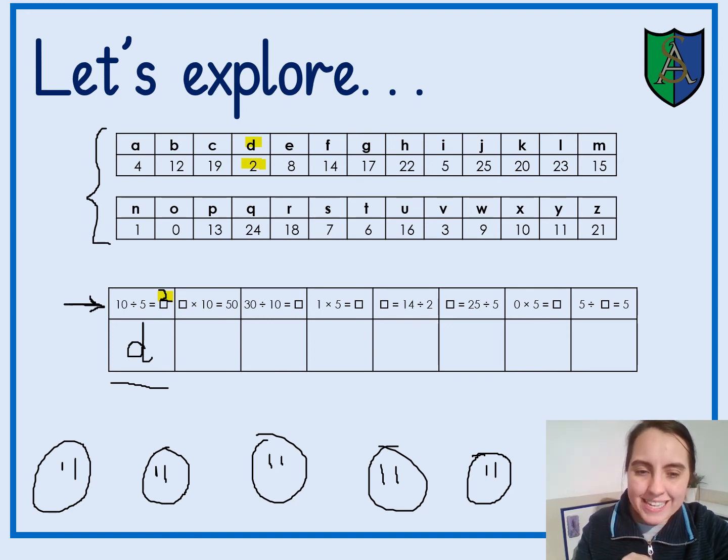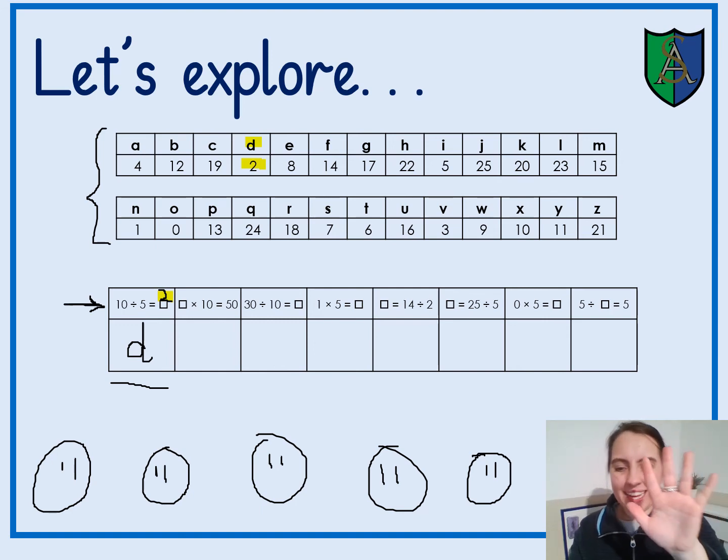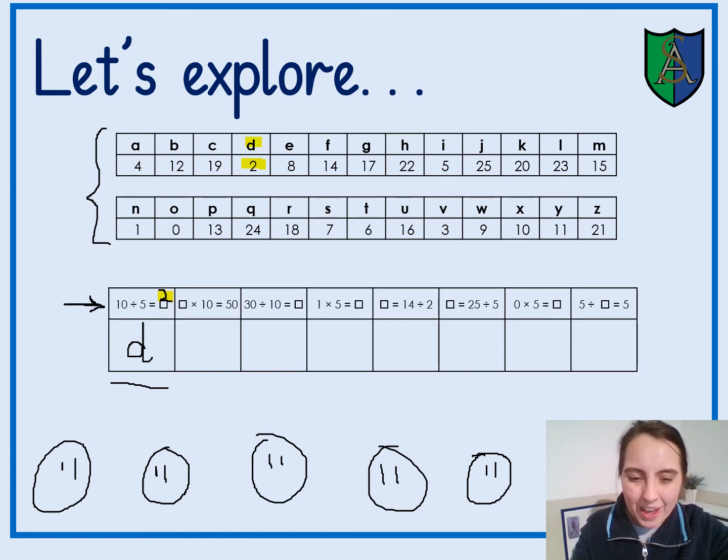Something times by 10 is equal to 50. Well, if I count in my 10 times tables until I get to 50, I will find the answer. 10, 20, 30, 40, 50. The answer is 5. Super. So again, I'm going to write the number 5 in here.